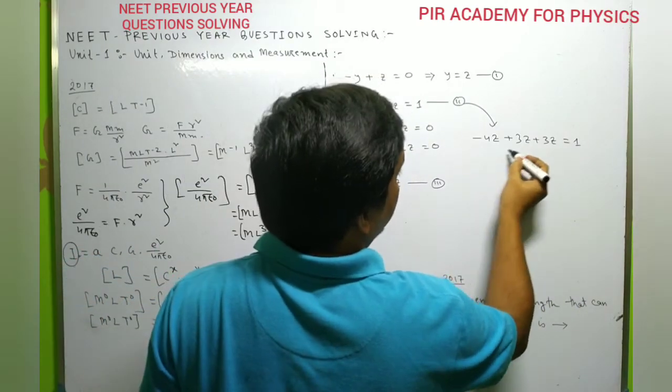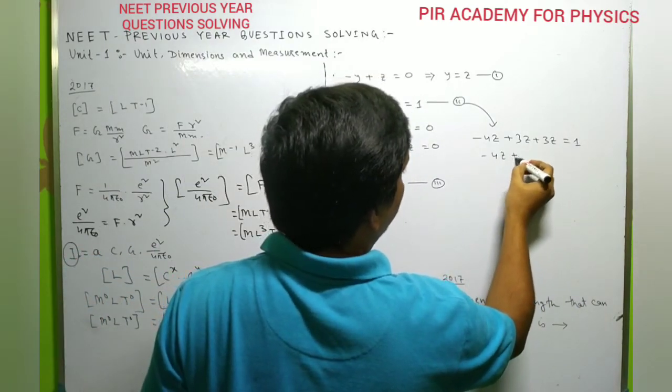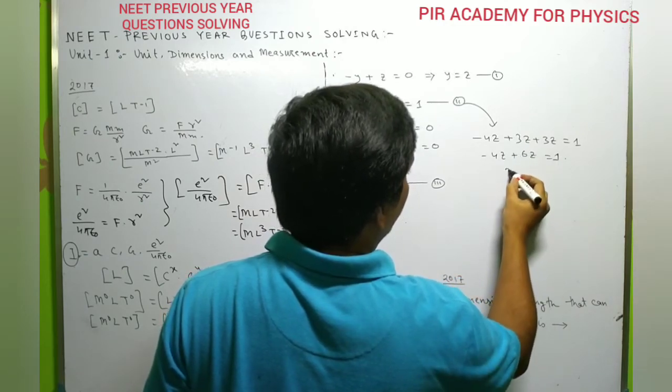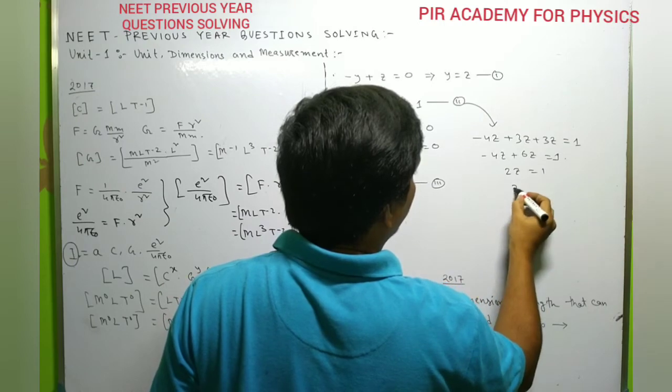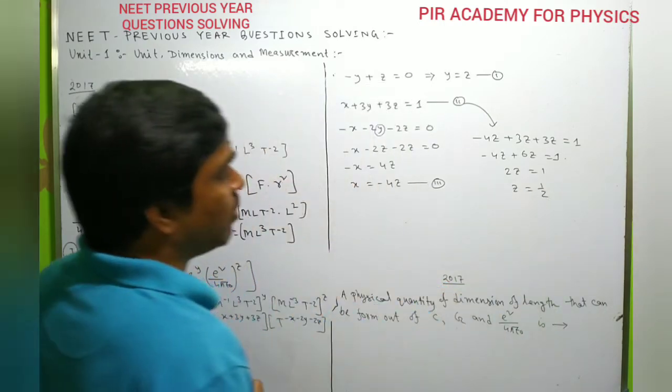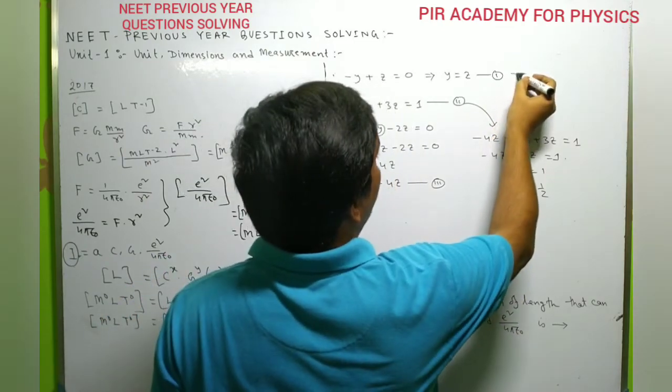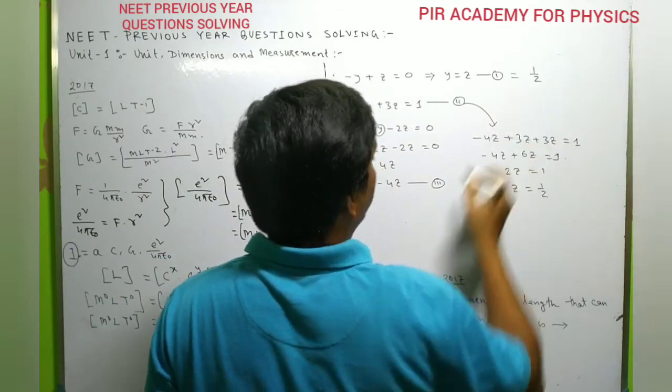So minus 4z plus 6z equals 1, so 2z equals 1, so z equals half. If z equals half, then y equals half.